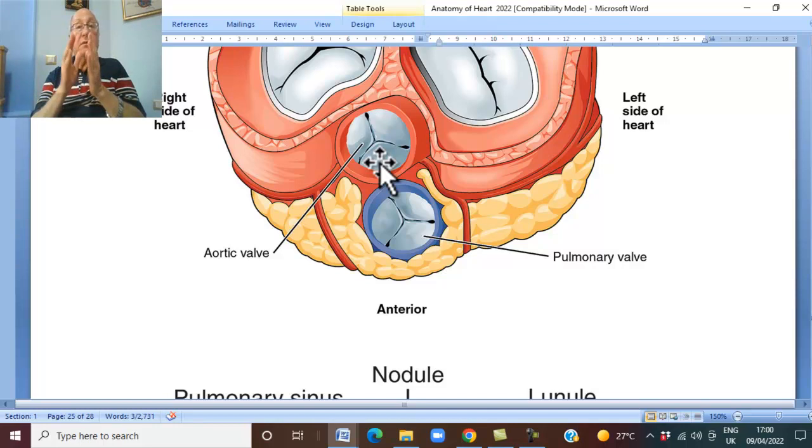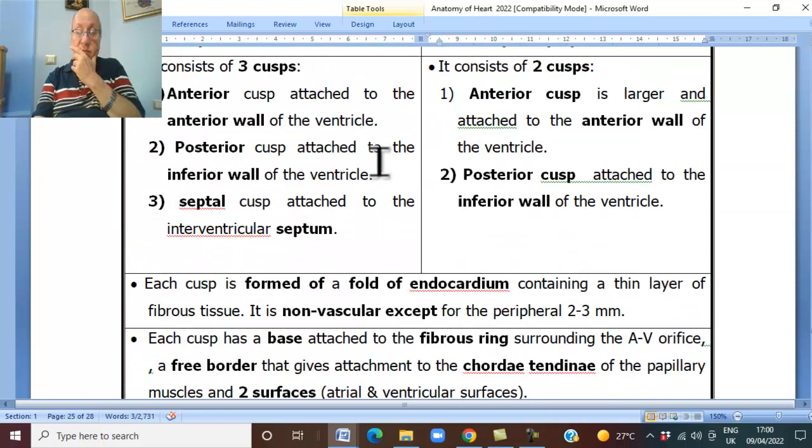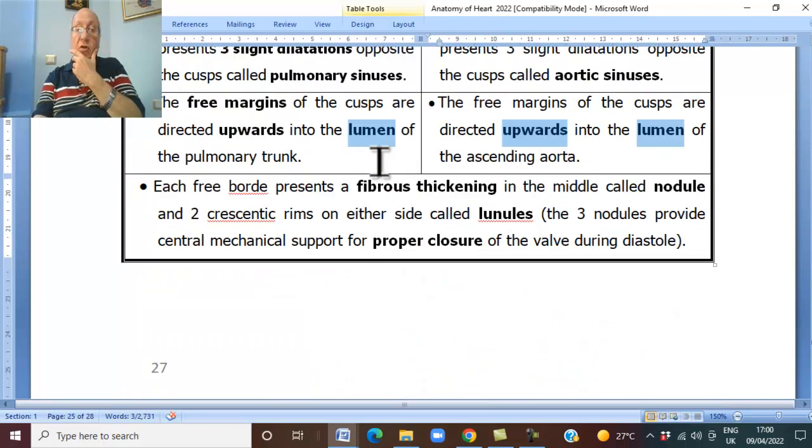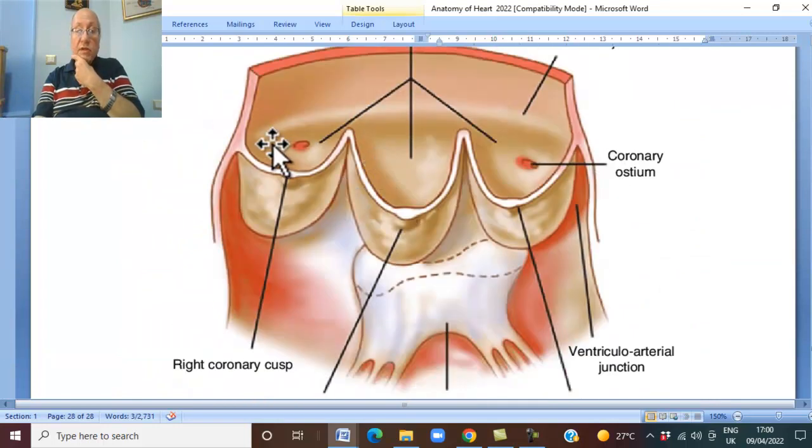We should notice that the semilunar cusps of the aortic valve are similar to the semilunar cusps of the pulmonary valve. The cusps form pockets with the wall of the aorta.